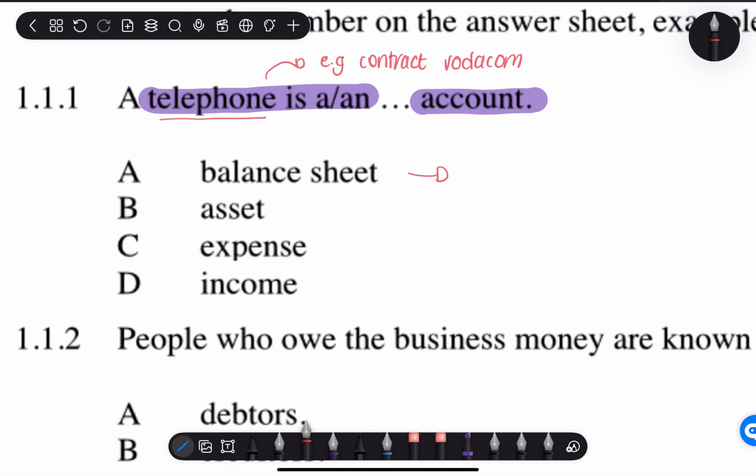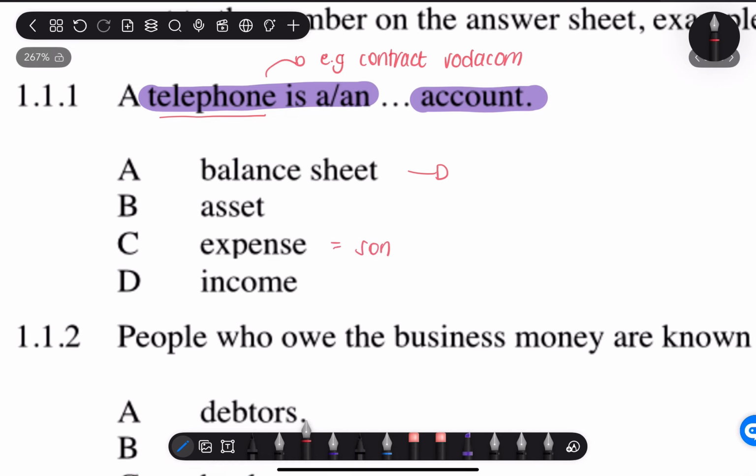An expense is something that results in an outflow of money. This definition is not exact, but it's a very summarized definition to make it easier to understand. Every month you take out 500 Rand. Every month you're losing 500 Rand. So it's most likely an expense. But let's go through D just in case it might be D.